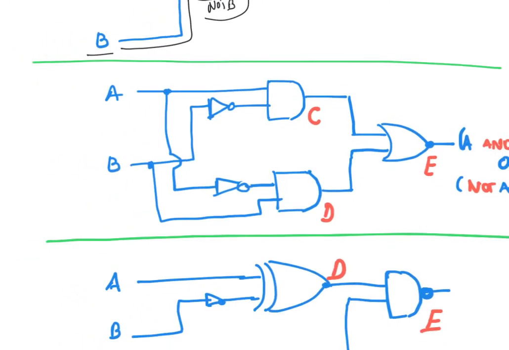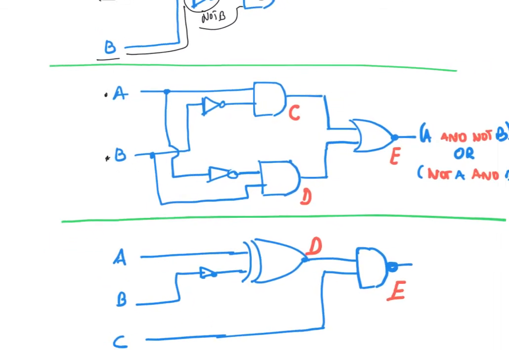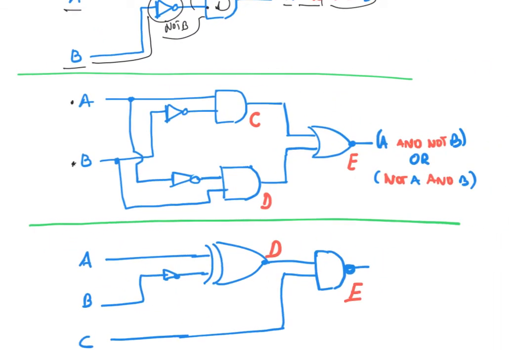Oh, it's complex, right? So here I'm just trying to use two different inputs and provide a more complex combination of logic gates, or a more complex circuit. So let's look at how this works. So this line is A, right?